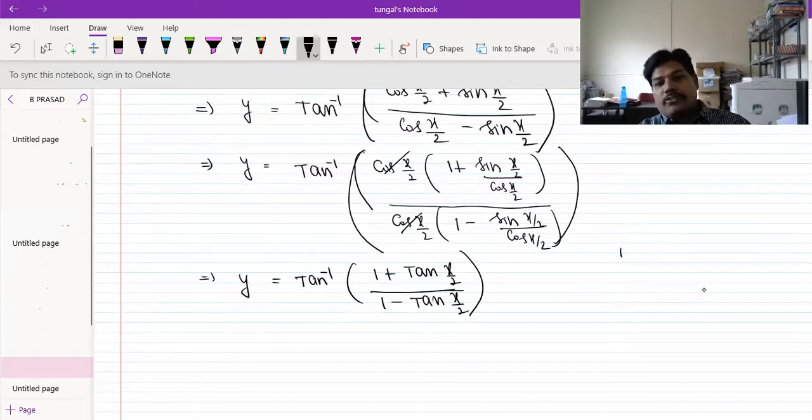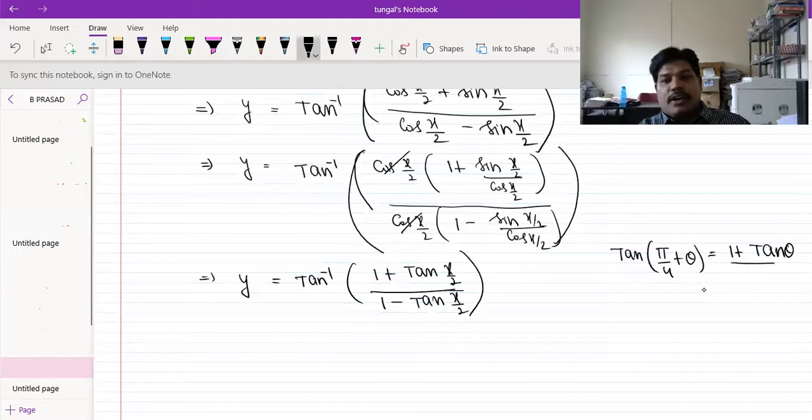Already you know the formula, students. Tan of pi by 4 plus theta is nothing but the tan of a plus b formula. If you apply that, you will get 1 plus tan theta by 1 minus tan theta.